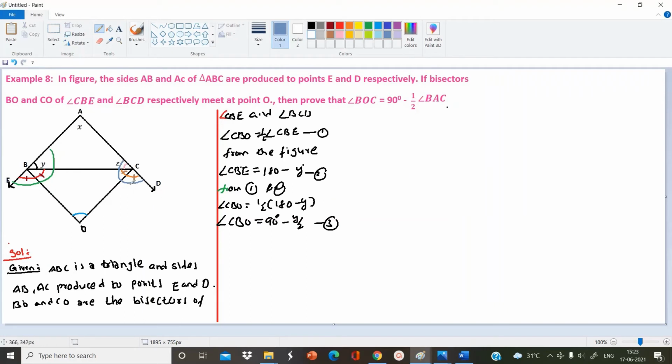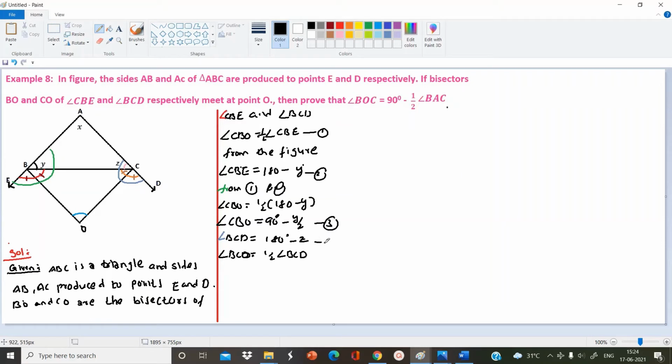So from the figure, angle BCD equals 180 minus Z, and angle BCO equals half of angle BCD.